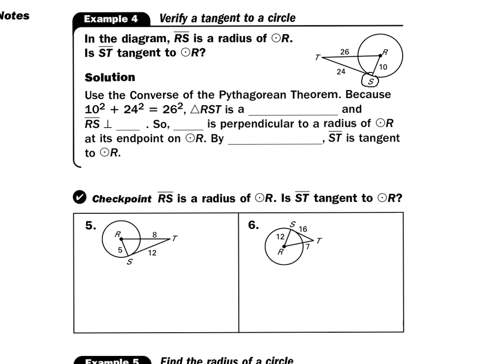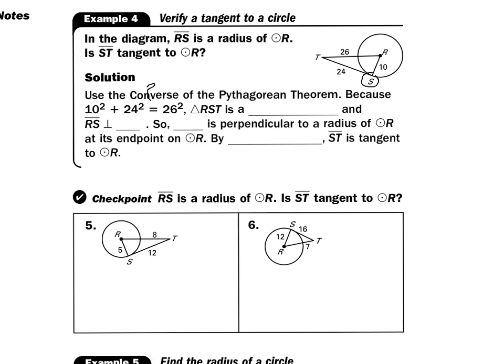So we're going to put it in the converse of the Pythagorean theorem. So does 10 squared plus 24 squared equal 26 squared? And you will find that it does.